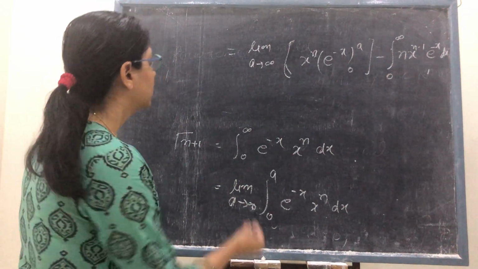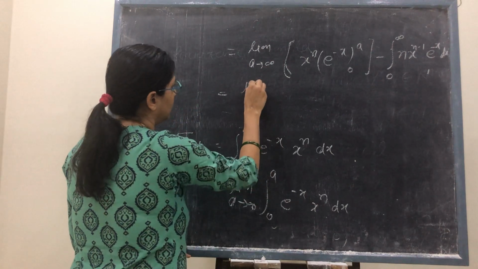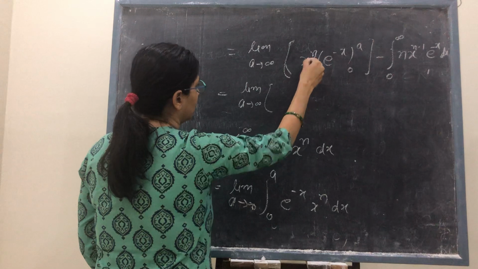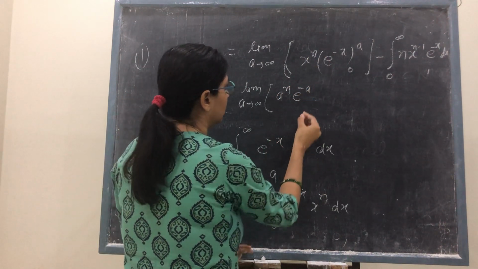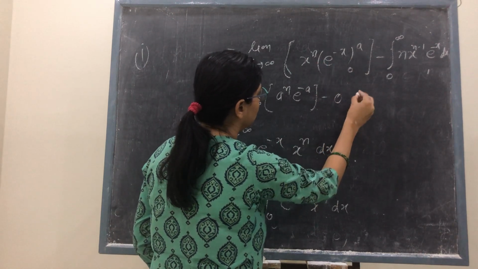Now applying the limit, putting a, this is a raised to the power n e raised to the power minus a, minus, when we put x equals 0, this term is 0.